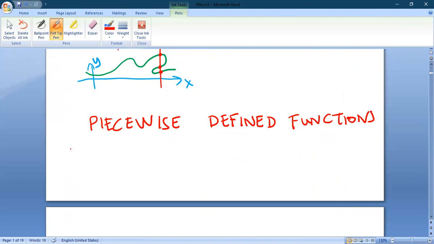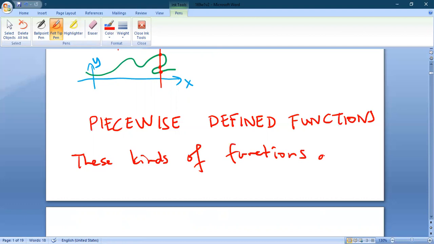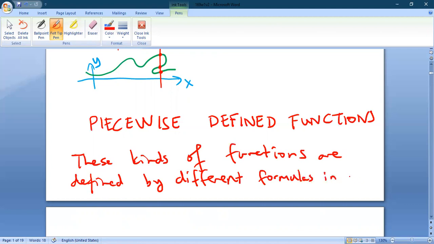And so these kinds of functions are defined by different formulas in their domain.